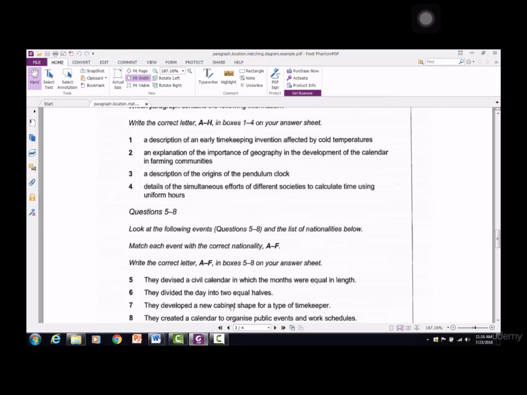Okay? If you're doing the whole course, the next thing we're going to be addressing after this is the paragraph location question, and we're going to be coming back to this actual reading passage to do it. So it should make a lot more sense to you then also. So talk to you soon. Thanks a lot.